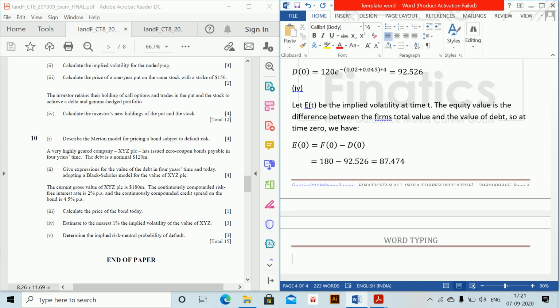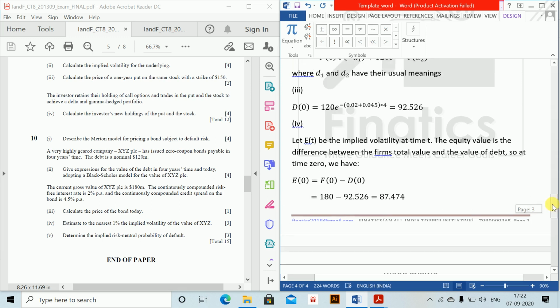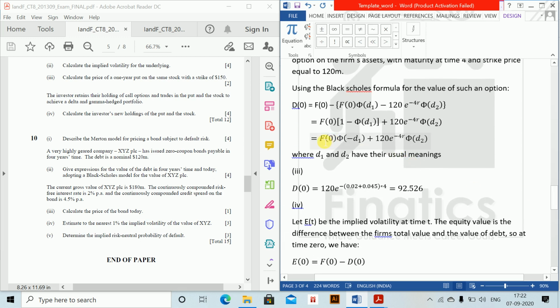Okay, now E0 in terms of Black-Scholes is equal to F0 Φ(d1) minus 120 e to the power minus 4r Φ(d2). So we had this, right? I just copy this.